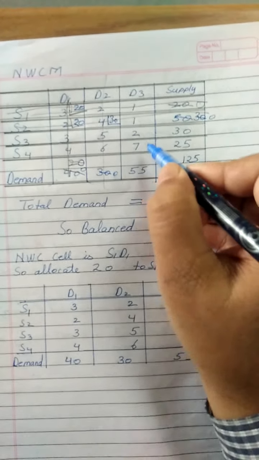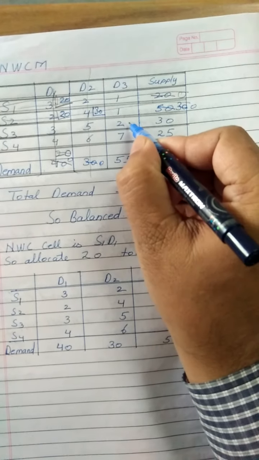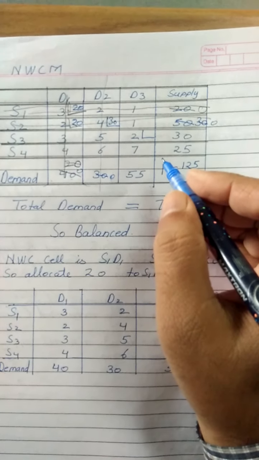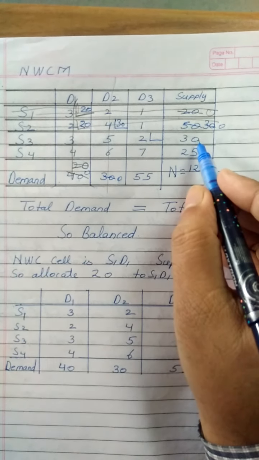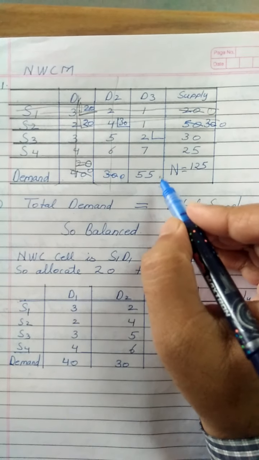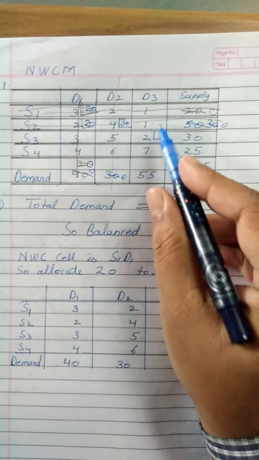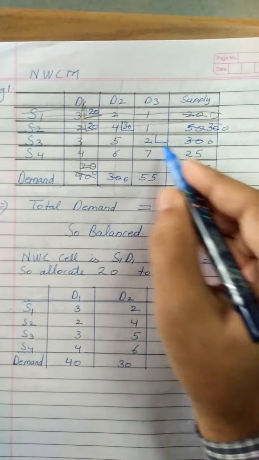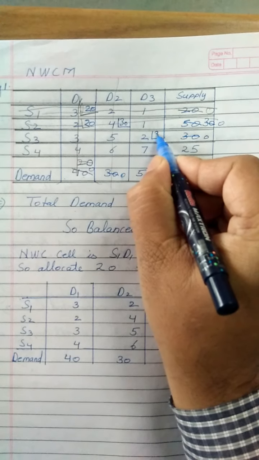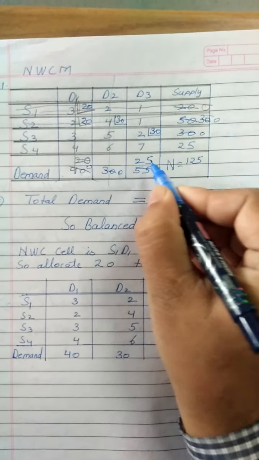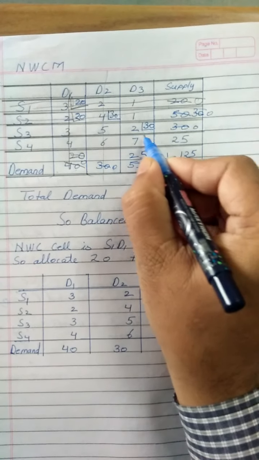Northwest, ultimately it becomes the top cell here. Source has 30, destination requires 55. Even if it requires 55, we can only give 30. So give this 30 over here, and this will become 25.